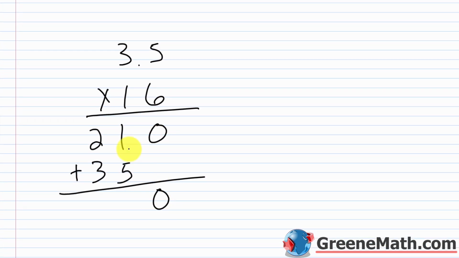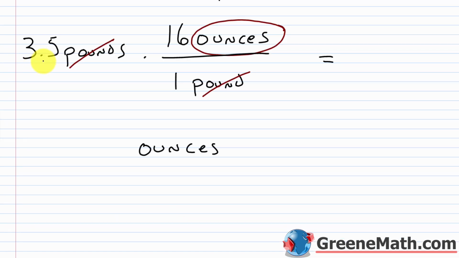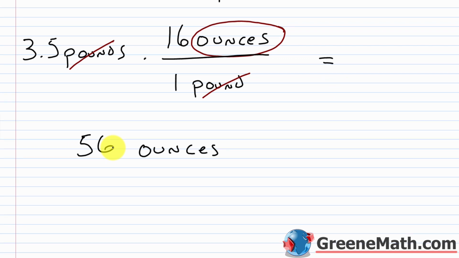Bring down the 0. 1 plus 5 is 6. 2 plus 3 is 5. So I've got 560, but notice how I have a decimal point there. So I have 1 decimal place between these two factors. So that means this would go 1 place to the left, and I just have the number 56. So 3.5 pounds would be equal to 56 ounces.